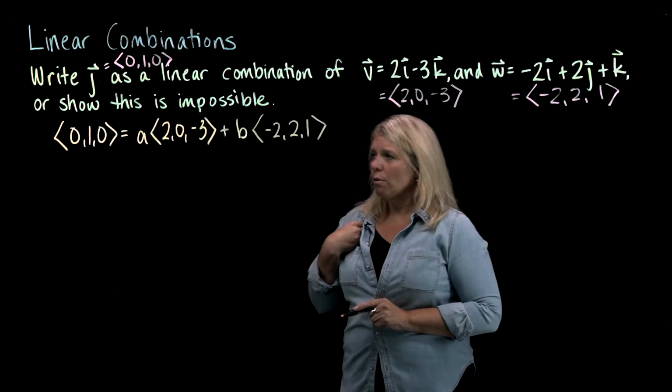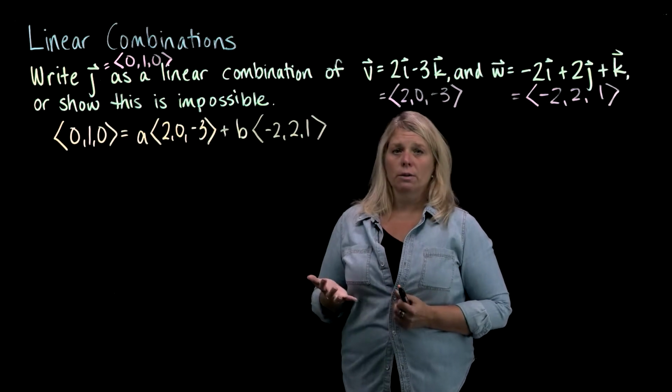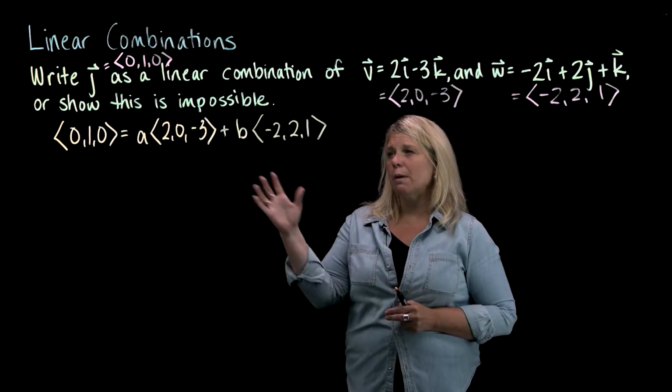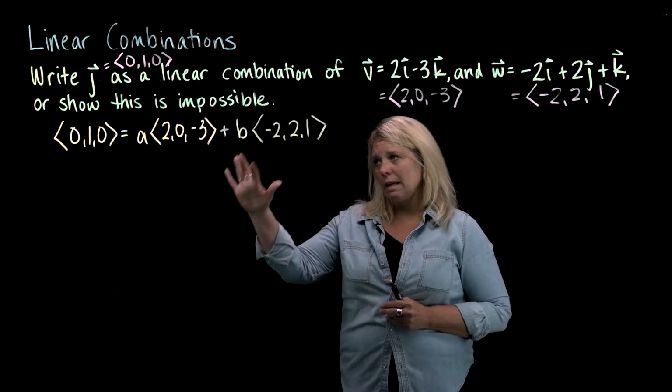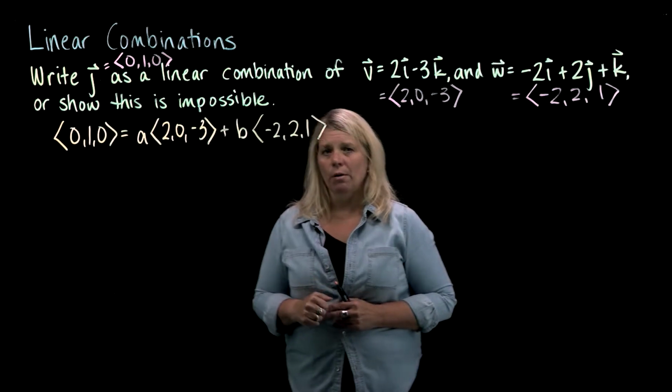All right, so in order for vectors to be equal, their corresponding components would have to be equal. So one way we can do this problem is by separating this into really three equations, a system of equations, based on each component.